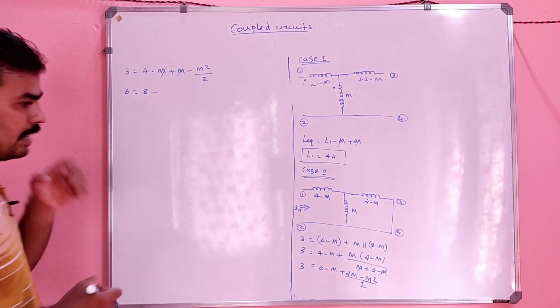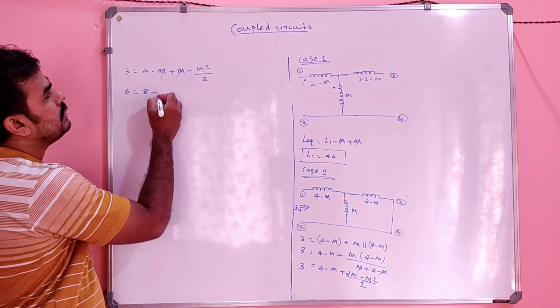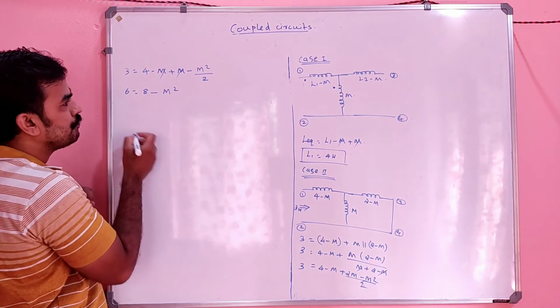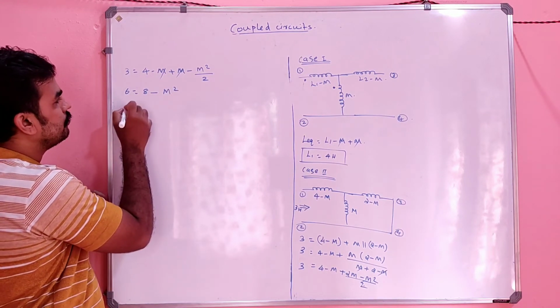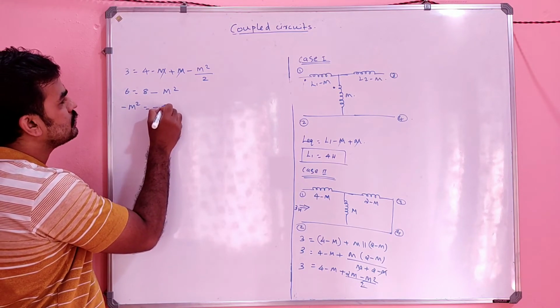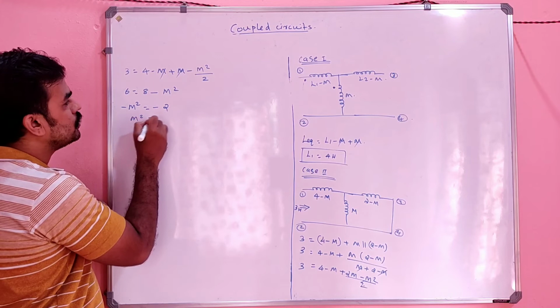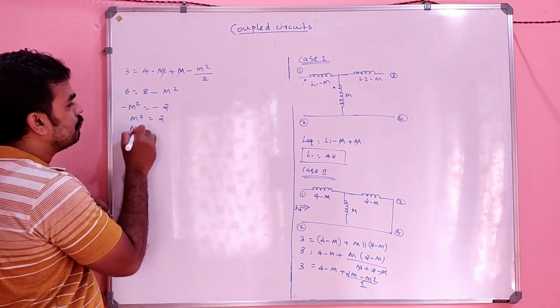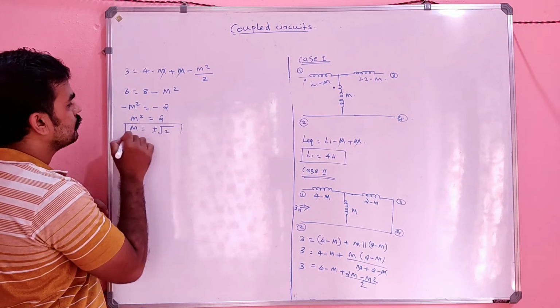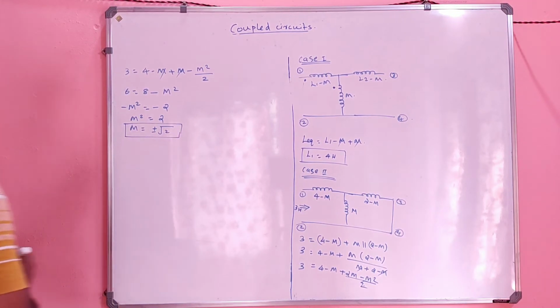So it will become 8 minus m square, right? So it will become minus m square equal to minus 2, or m square equal to 2, or m will be equal to plus or minus root 2.